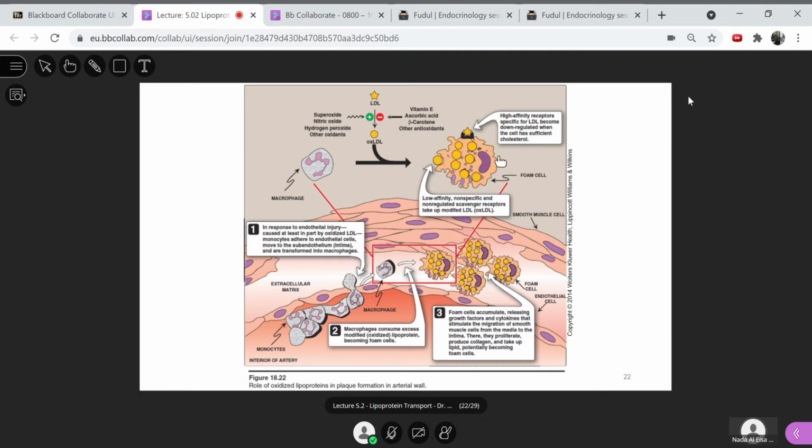Unlike the LDL receptors, which are specific, have high affinity, and are regulated. When there is sufficient cholesterol, they will be down-regulated and stop cholesterol uptake. That's why we need antioxidants. The presence of antioxidants will prevent the formation of these oxidized LDL particles, which are atherogenic compared to normal LDL.